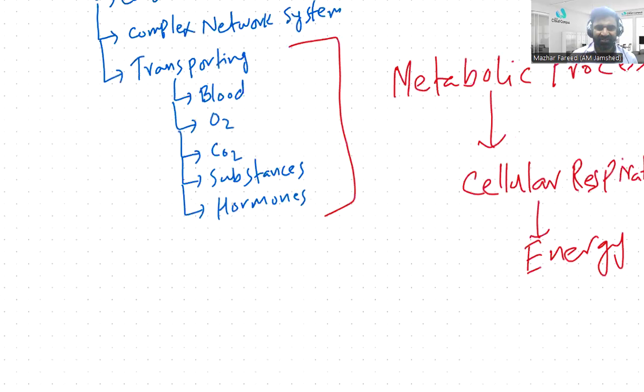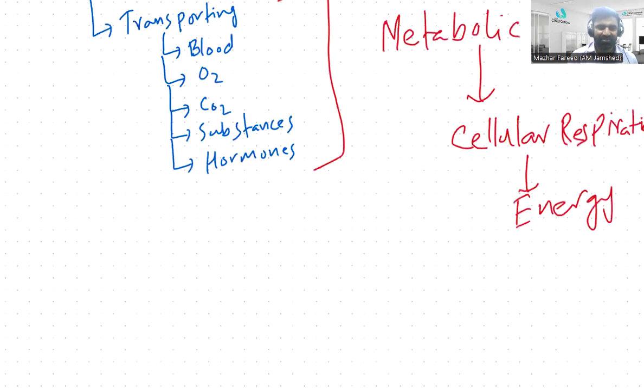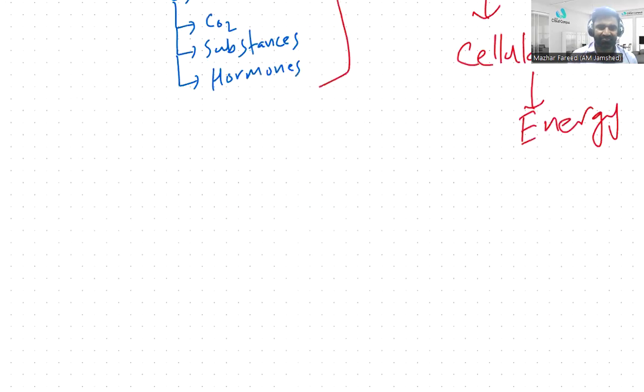Now we see the main components of the circulatory system. There are three main components of the circulatory system.